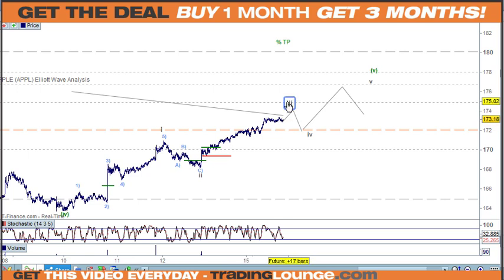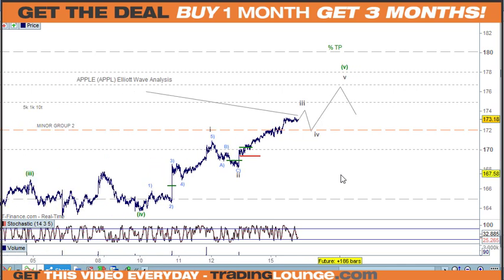So this has got to move up a little bit further, come back, test the 72, and then push up here. Look, normally they'll get to the 80 up here, but will it get there? Probably, but we'll just be mindful that it might fall short at 178 or 176.50 or something of that nature.